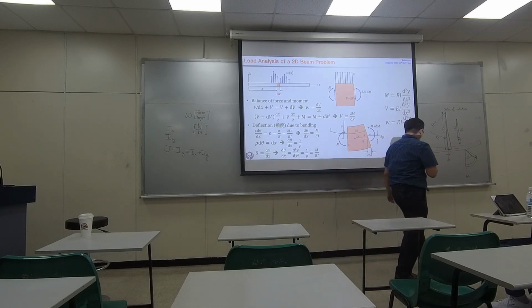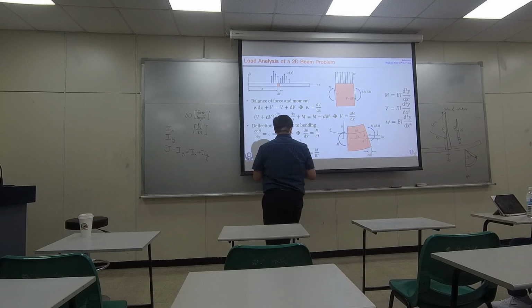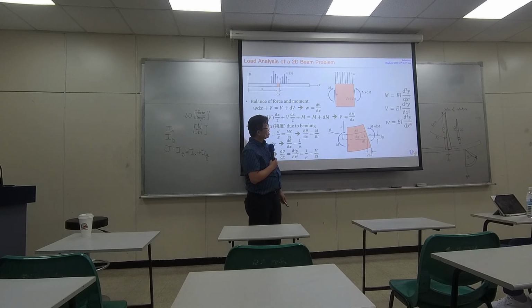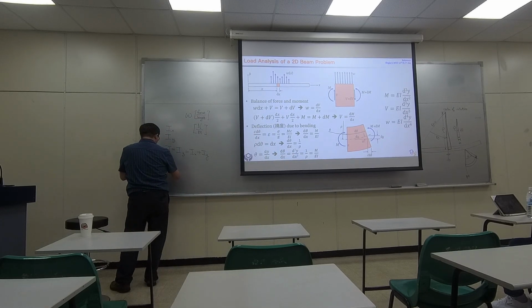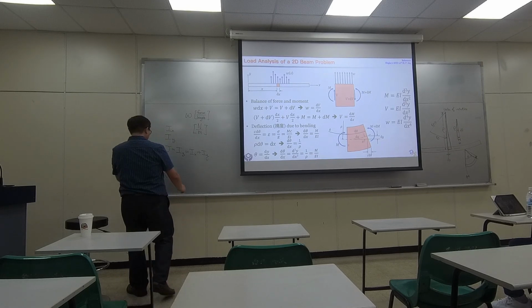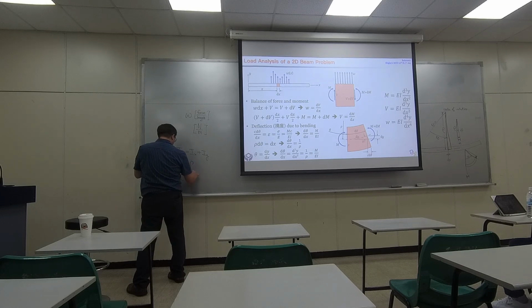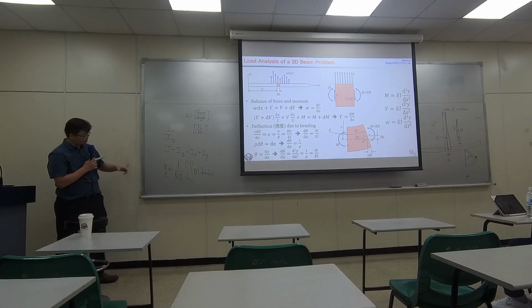Okay? So the important equation that we need actually is y double prime equals M over EI. If we have that, we can take the integral twice. So y would be equal to, you just need to take the integral twice.